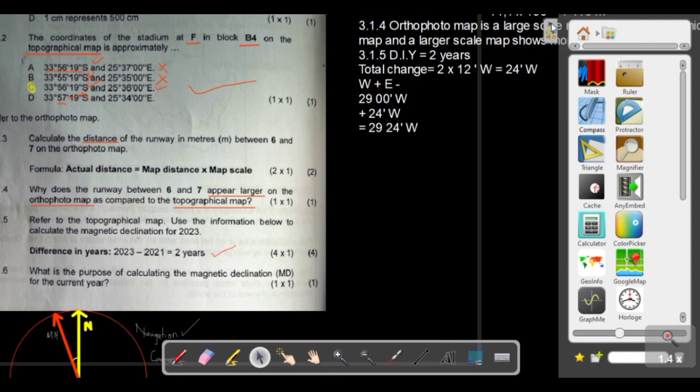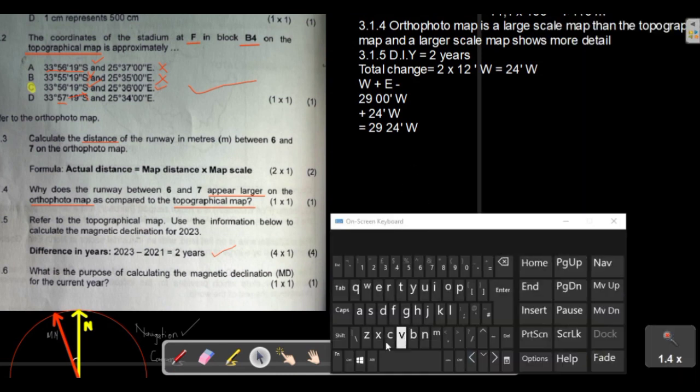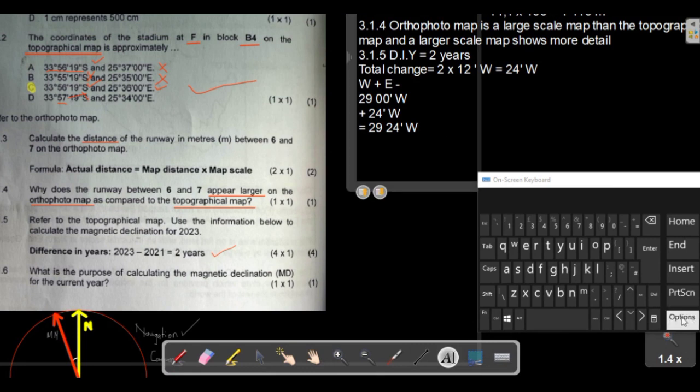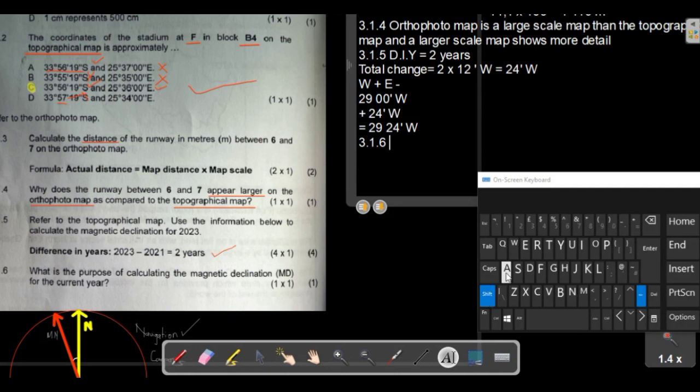It's very important that you try to understand what you're calculating, because this might have been a tricky question for some students.